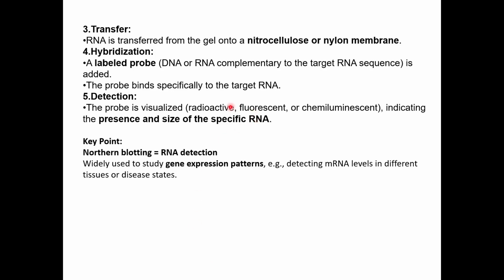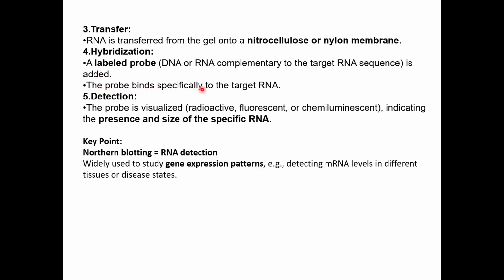Then once it is completed, we have transfer. So RNA is transferred from the gel onto a nitrocellulose membrane or a nylon membrane. Then hybridization is done. That is, a labeled probe is used, either a DNA or RNA, complementary to whatever sequence we need, to target the RNA sequence.